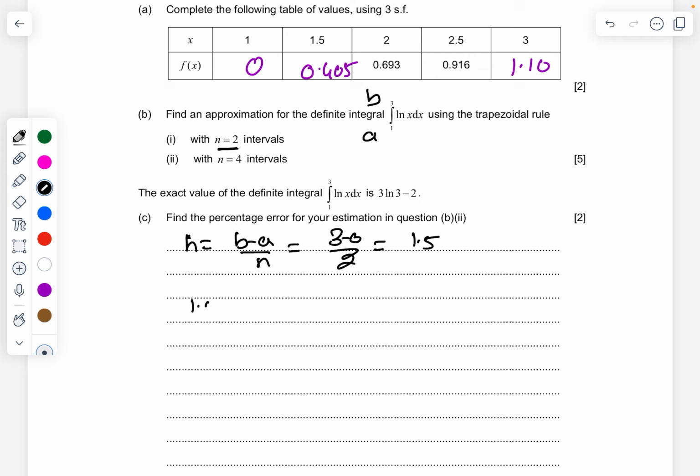So the formula is, 3 minus a. The a value was 1. So 3 minus 1 by 2, 2 by 2 is 1. So what am I going to do? I am going to draw the table for that.